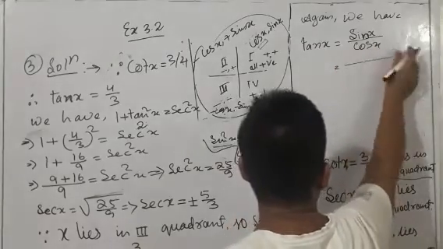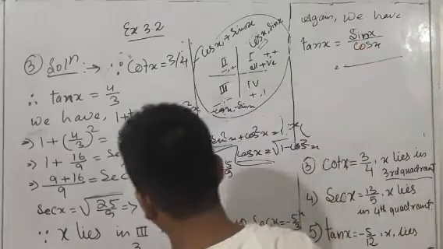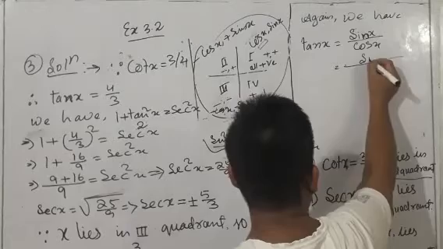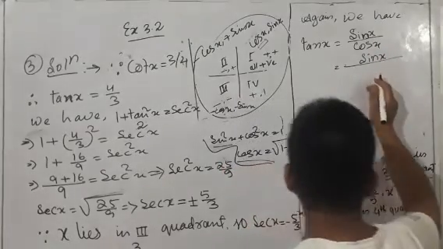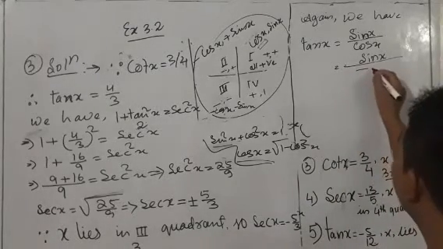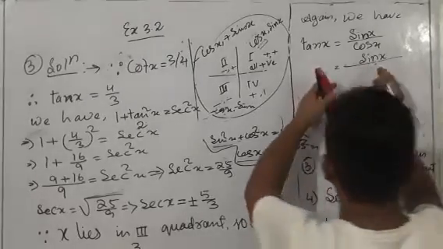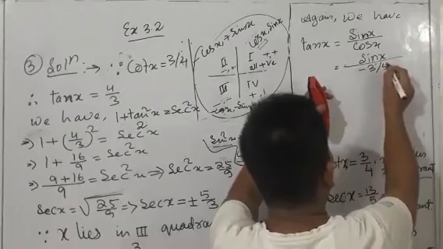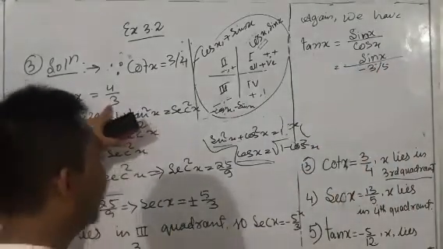Put the value sin x equal to how much? It is not given, correct? Cos x is given, so it will be sin x, correct? Cos x equal to how much? Minus 3 by 5. So what is the value of tan x? Tan x is what? 4 by 3.